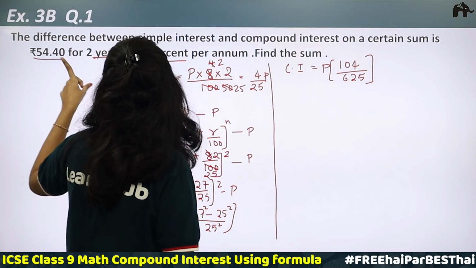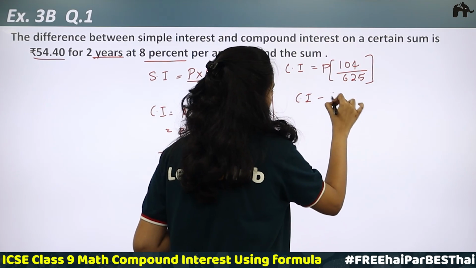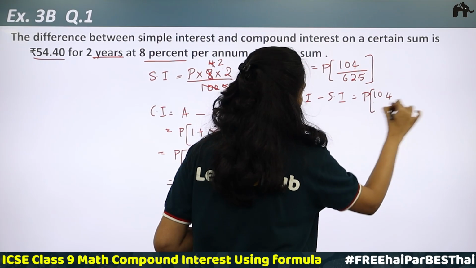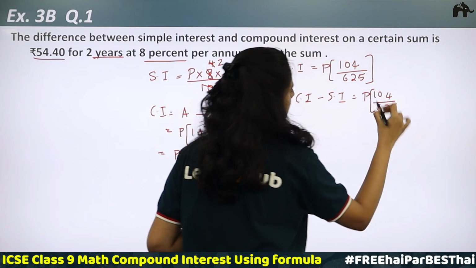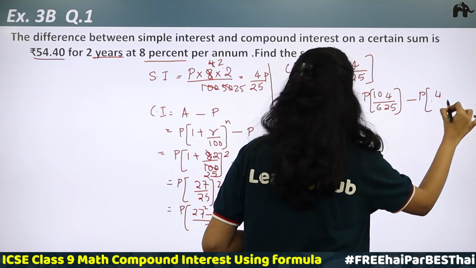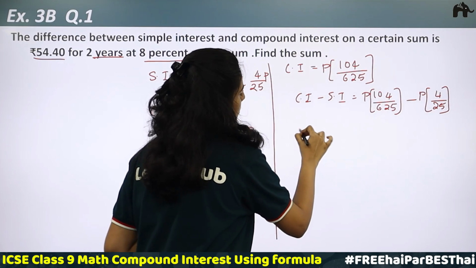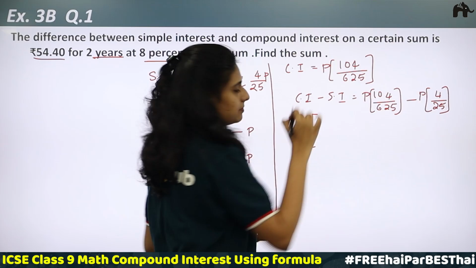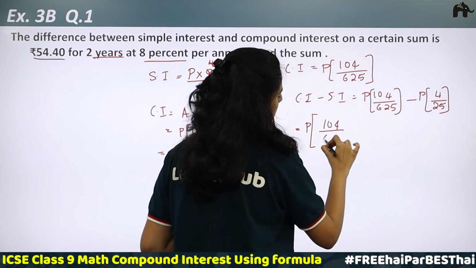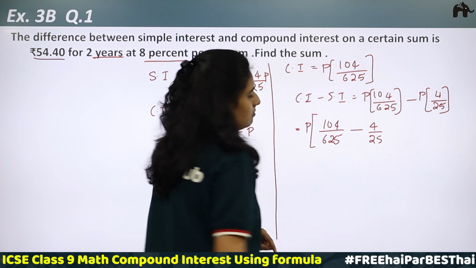Now given the difference is rupees 54.40, compound interest minus simple interest is equal to P into 104 divided by 625 minus P into 4 by 25. P is common, taking out P into (104 divided by 625 minus 4 by 25).